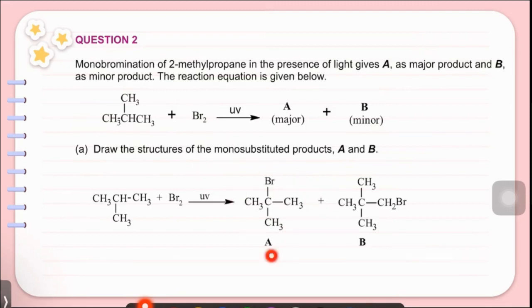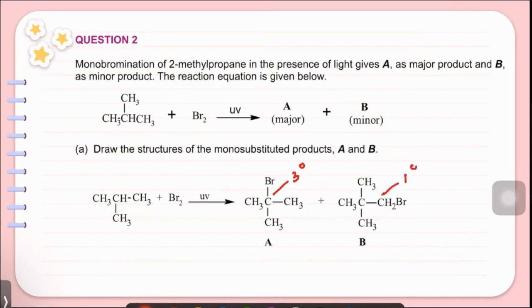For the structure A, major product, Br will substitute the hydrogen that is attached to the tertiary carbon. Okay, while for B, minor product, Br will substitute the hydrogen that is attached to the primary carbon.